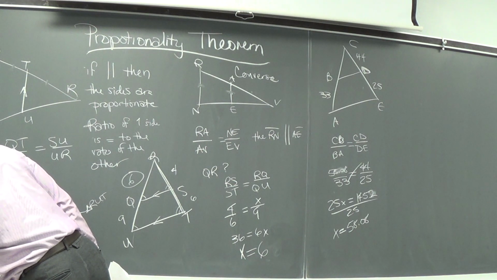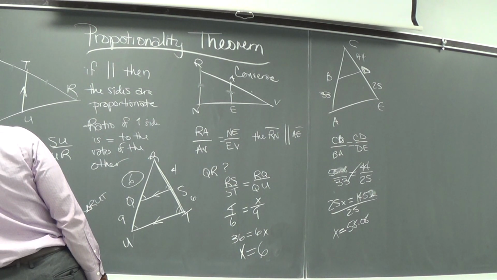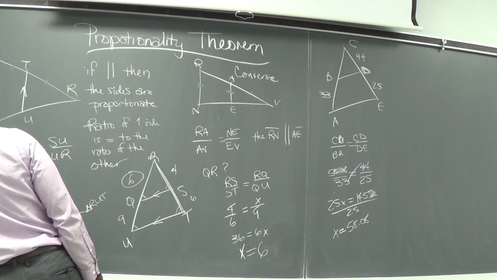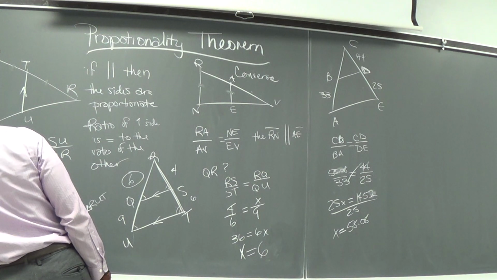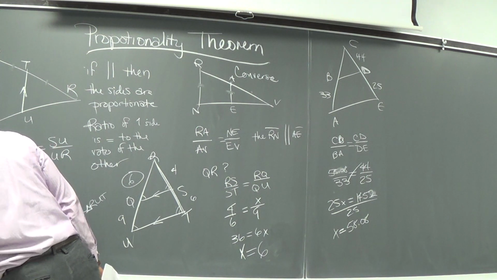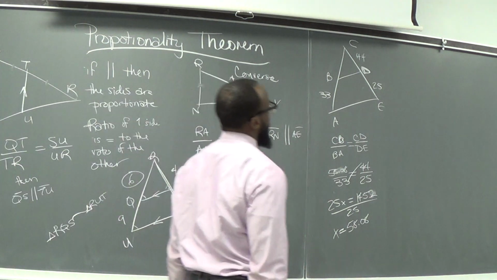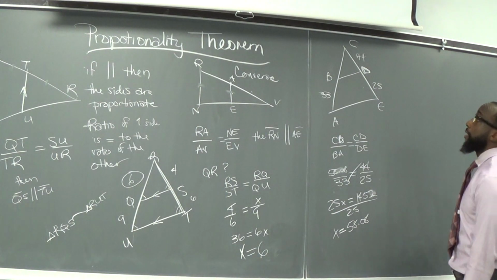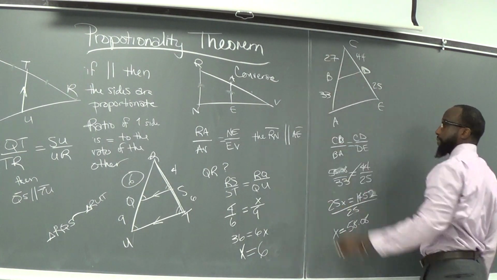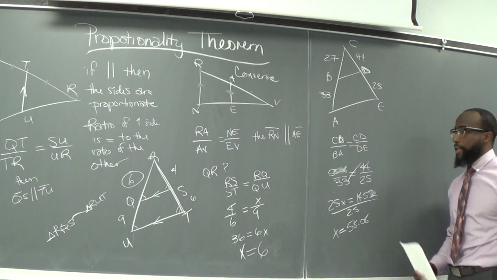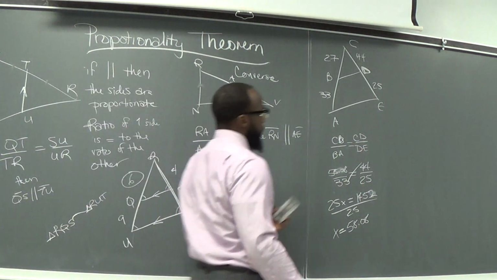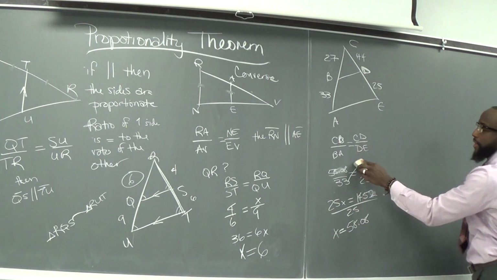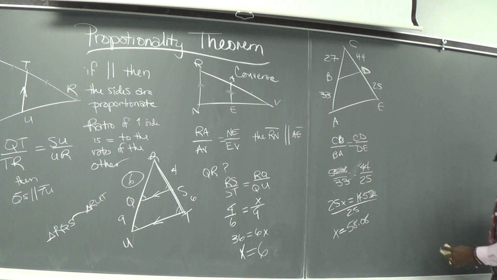AB is 33, and BC is 27. We don't have BC, you didn't give us BC. Oh, 44 and 25. BC was 27. So yeah, we solved it right. It's all good. So then, they are equal.